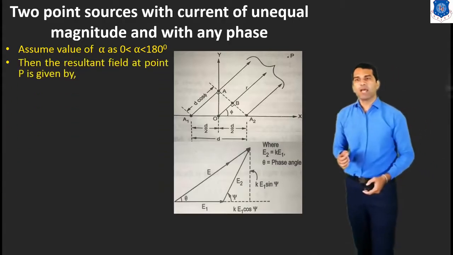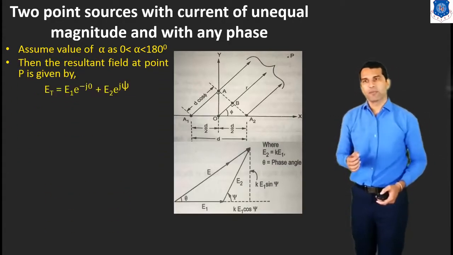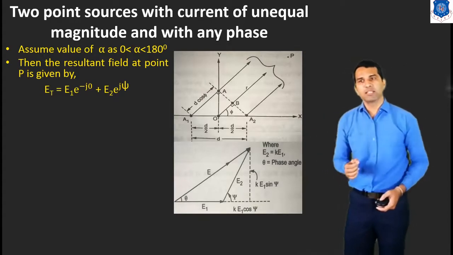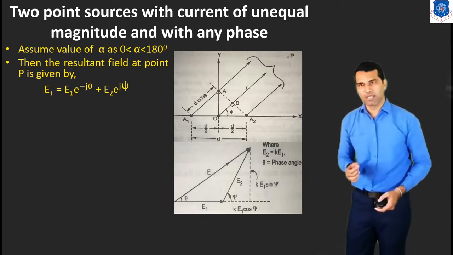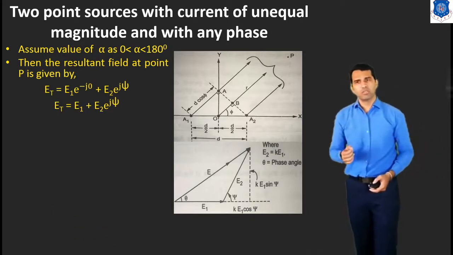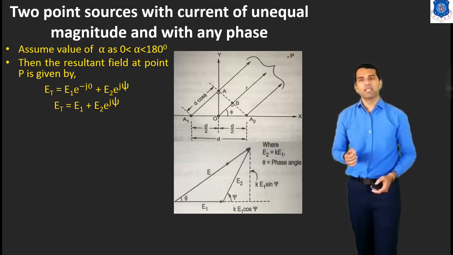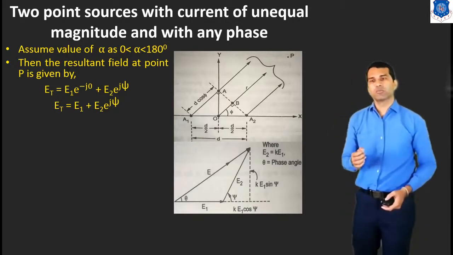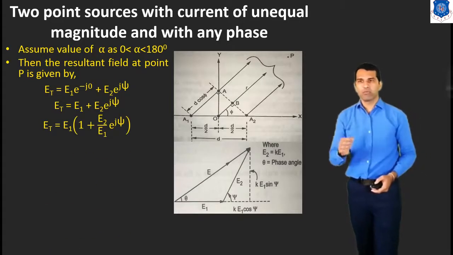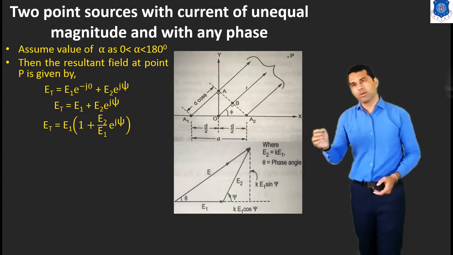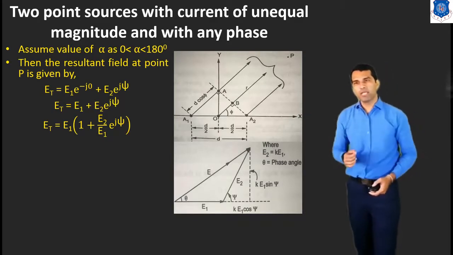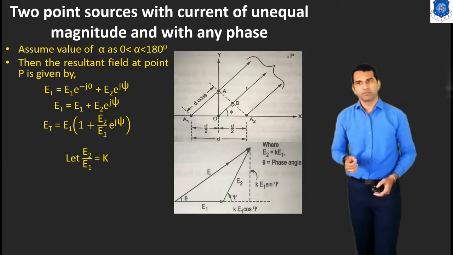Then the resultant field at the point P is given by Et = E1 e^(j0) + E2 e^(jψ). So Et becomes, e raised to 0 is nothing but 1, so we get E1 + E2 e^(jψ). So we get Et, now we have taken E1 common from this equation. So we can write E1(1 + (E2/E1) e^(jψ)).